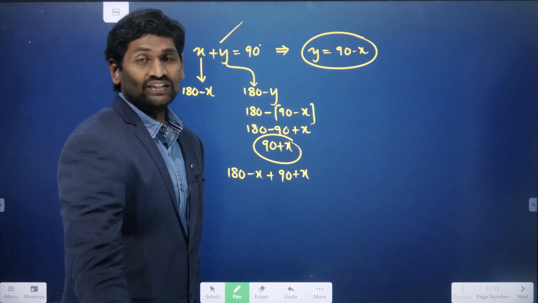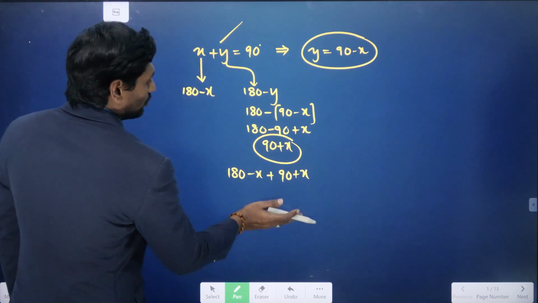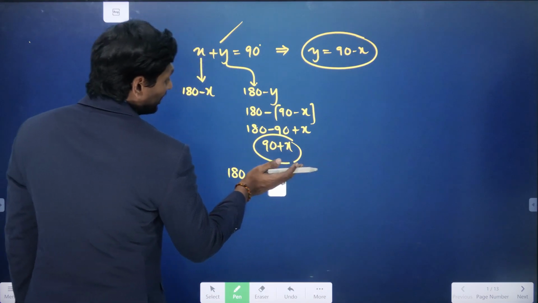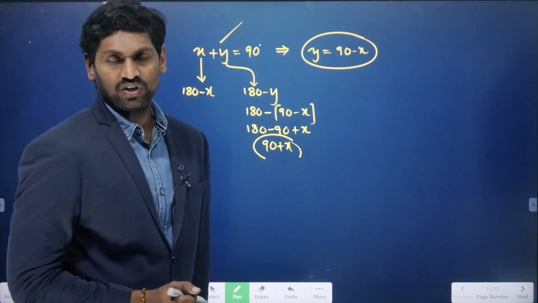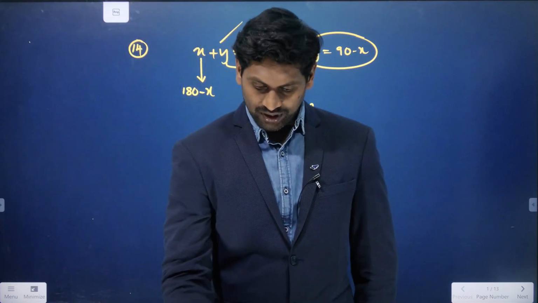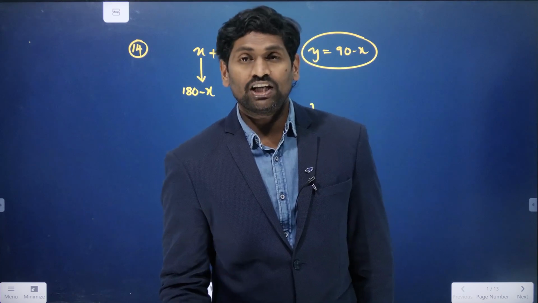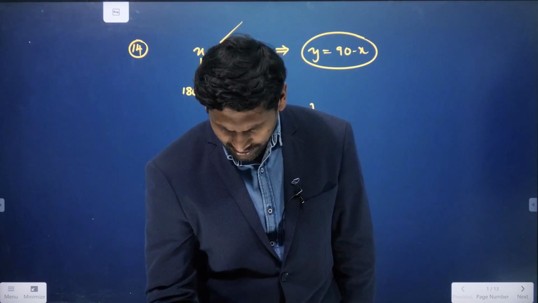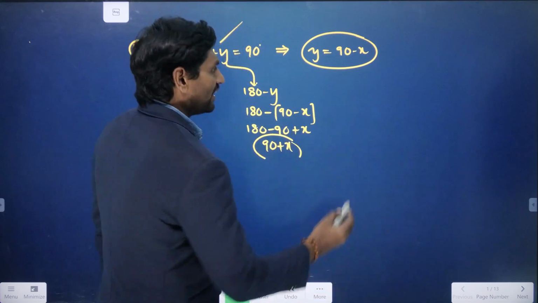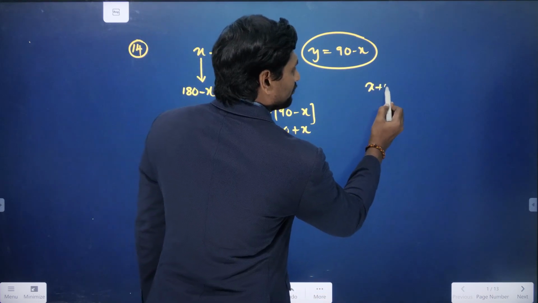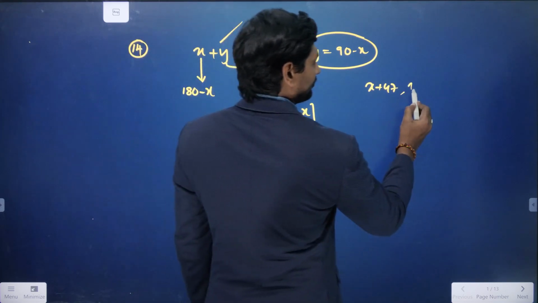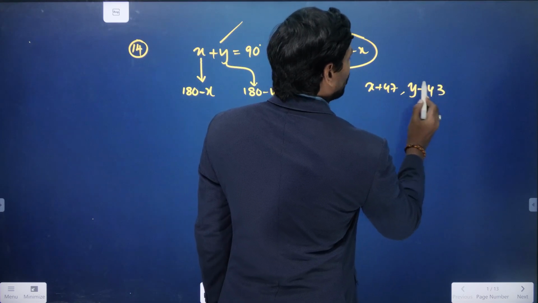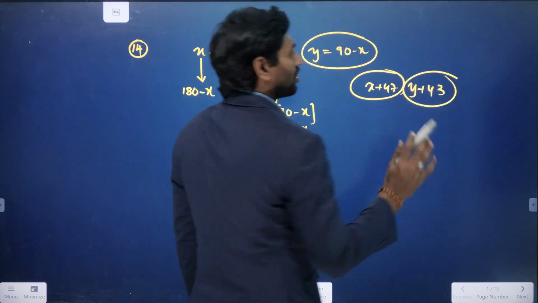Because the sum of two angles equals 180 degrees, but the sum of their supplementary angles need not be 180. But here, we know x plus y equals 90 degrees, and looking at the options, the first option is x plus 47 and the second is y plus 43. Are these two supplementary angles or not?